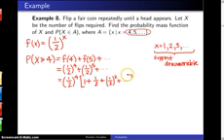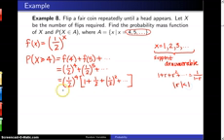And you recognize that as a geometric series. And you know that the sum of the geometric series 1 plus r plus r squared and so on is 1 over 1 minus r whenever the absolute value of r is less than 1. So this turns out to be 1/2 to the 4th power times 1 over 1 minus the common ratio, and the common ratio is 1/2.